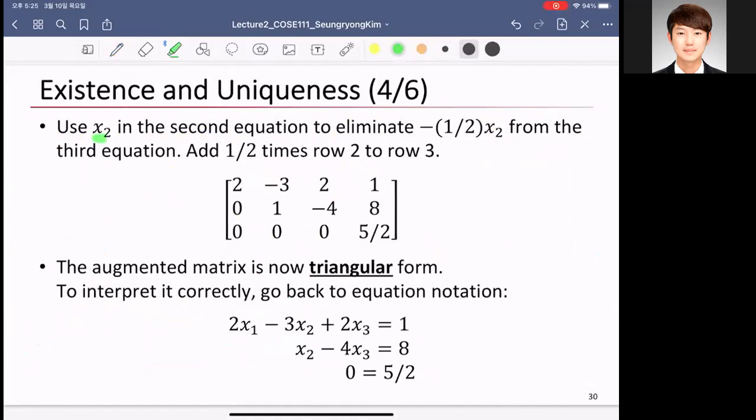Use x2 in the second equation to eliminate negative 1/2 x2 from the third equation. So just add 1/2 times row 2 to R3. So if we rewrite it, what would it be?